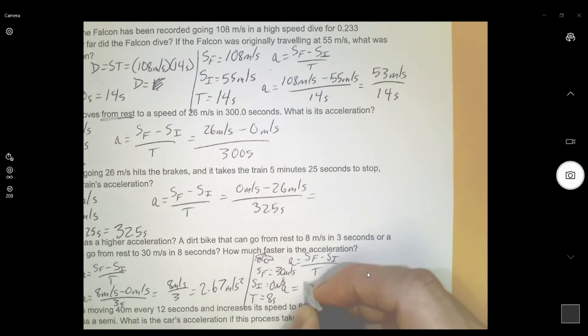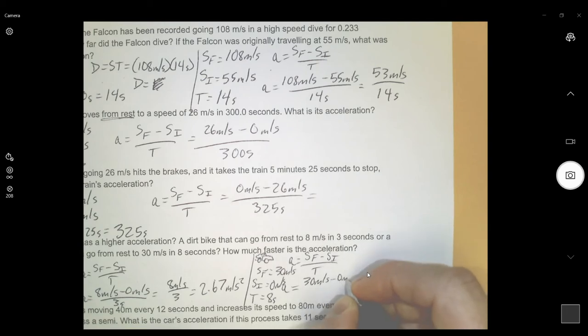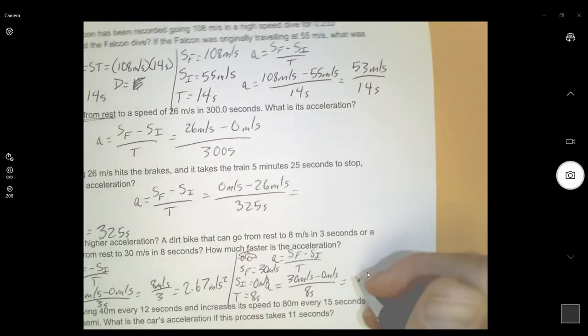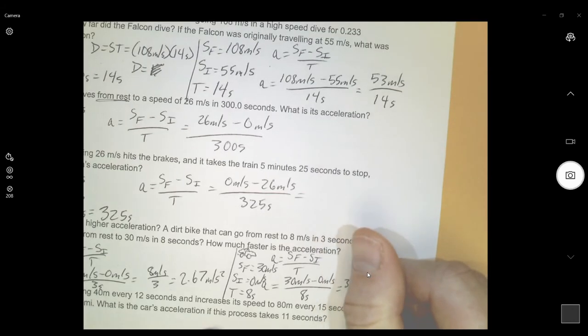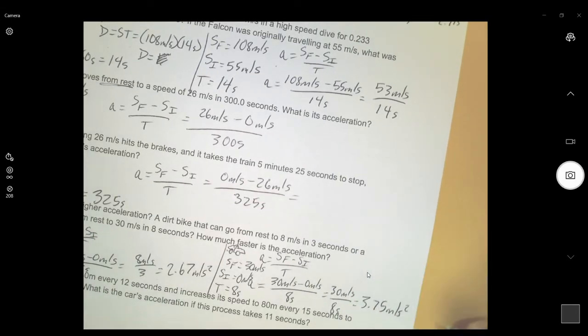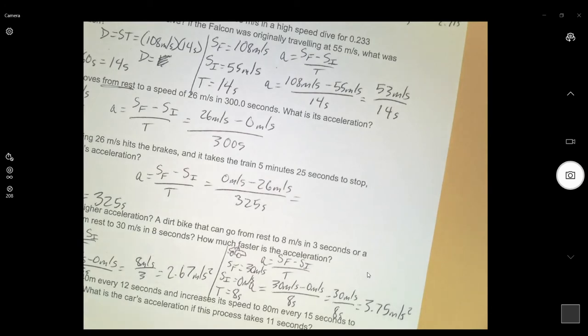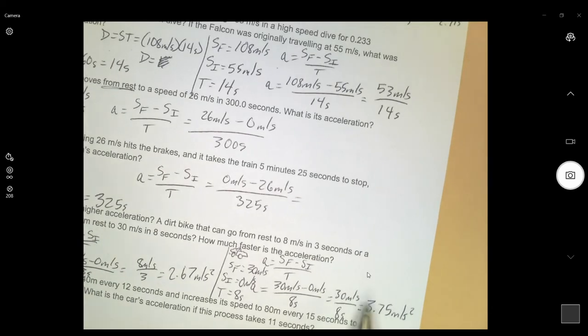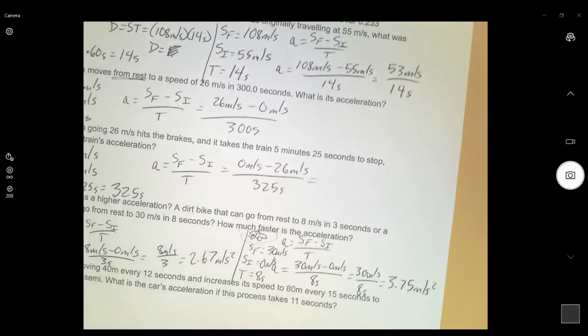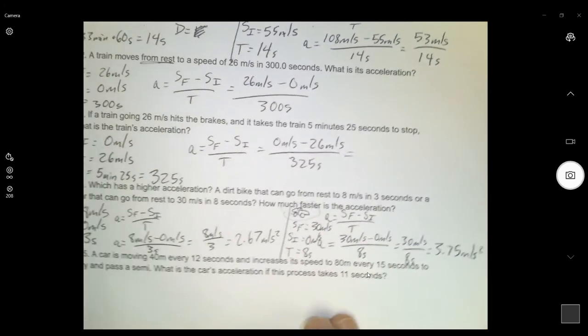Ooh, kind of ran out of space. All right, so 30 meters per second minus 0 over 8. 30 meters per second over 8 seconds. So you're going to have to find out how much more one of these is than the other. And we see that the car's acceleration is a little bit higher, but you've got to subtract them to find out how much higher.